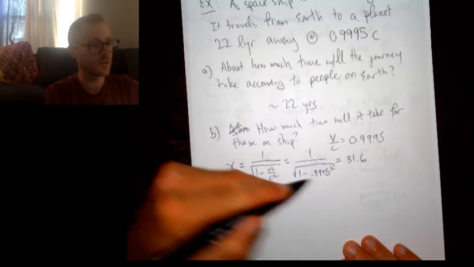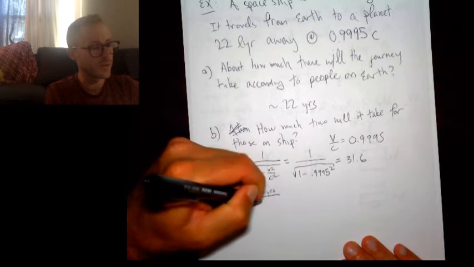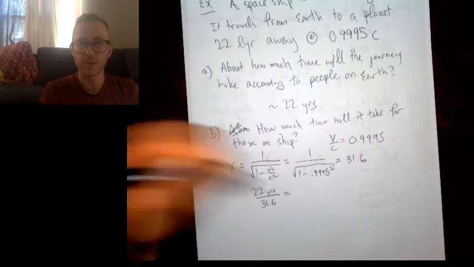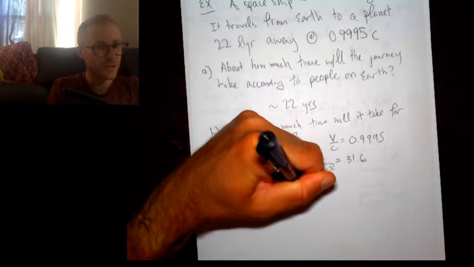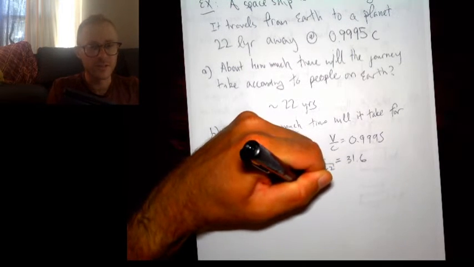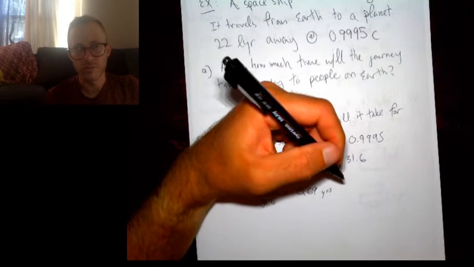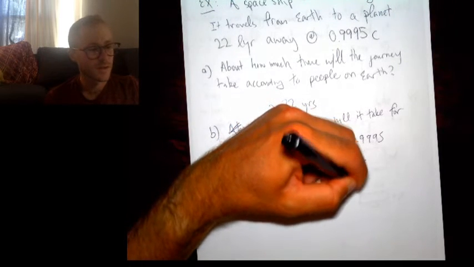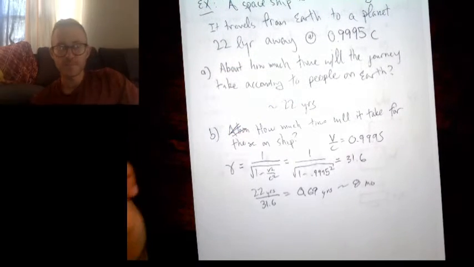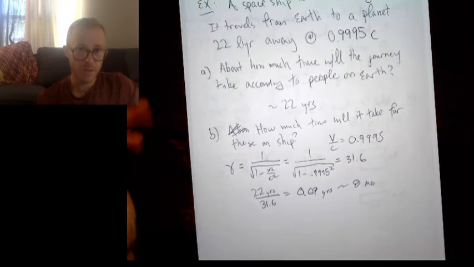So I want to take 22 years and divide by the relativistic gamma, 31.6. 22 divided by 31.6, and it's going to take 0.69 years, which is roughly 8 months. It's like 2/3 of a year, right? So the journey isn't going to take nearly as long for people on the spaceship.